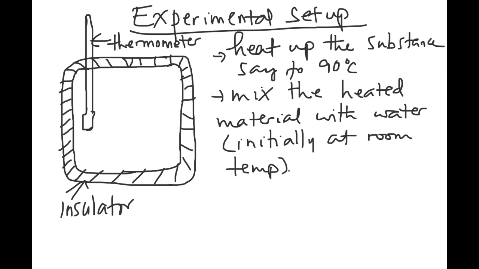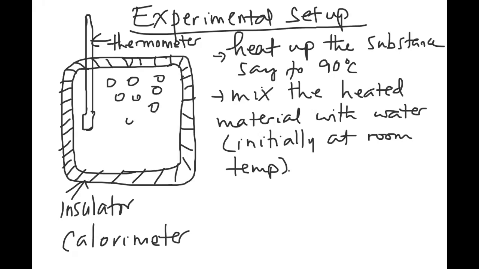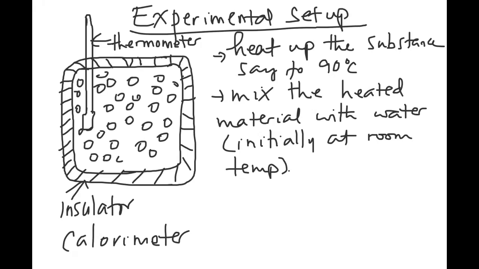So this mixing has to be done very fast, and it has to be done in the container here, which we call a calorimeter. Some people call this one an insulator, or the whole thing here is called a calorimeter. You make sure that you drop all the metal pellets or the crushed metal or crushed glass, whatever substance you have, into the calorimeter, and it has to be done fast.